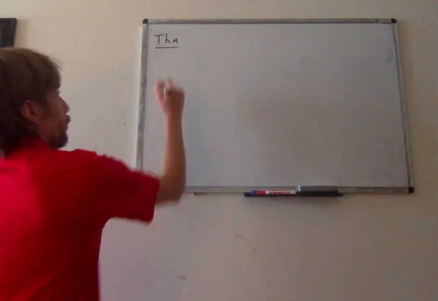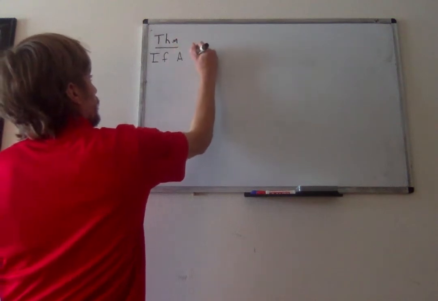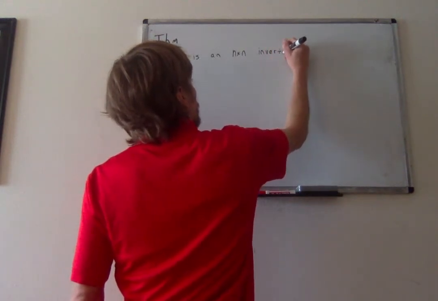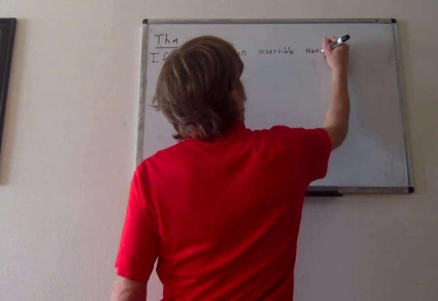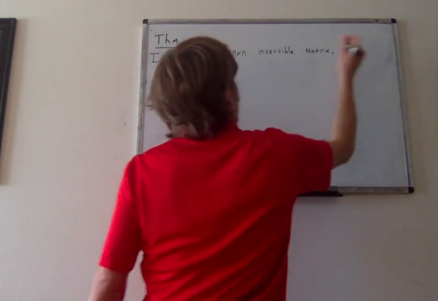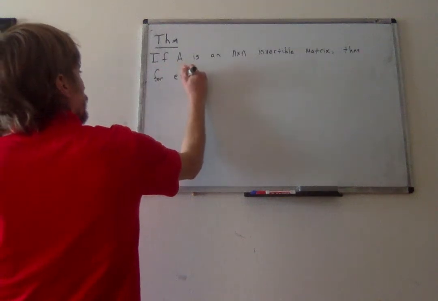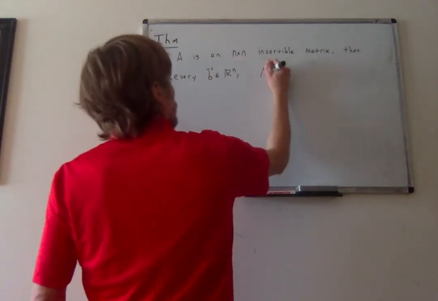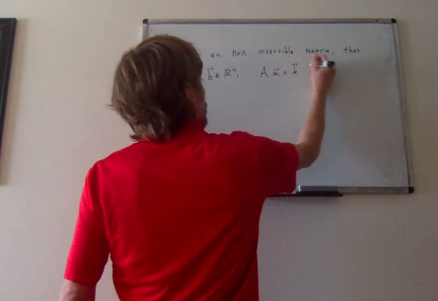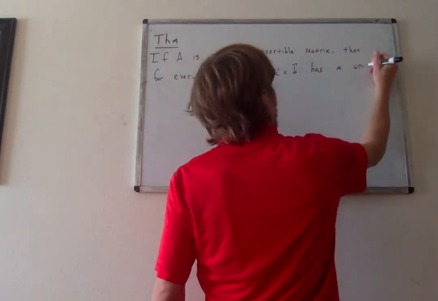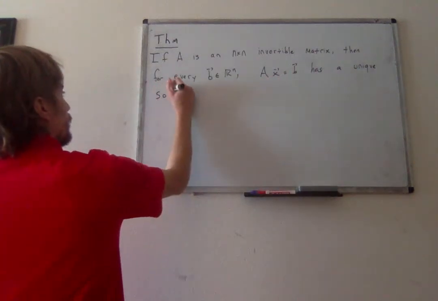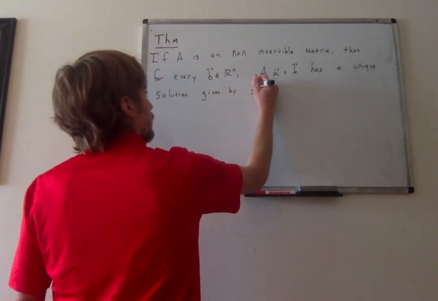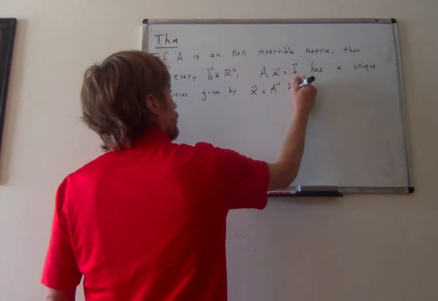So theorem, if A is an invertible matrix, an n by n invertible matrix, then for every B, so for every vector in Rn, Ax equals B has a unique solution given by x equals A inverse times B.